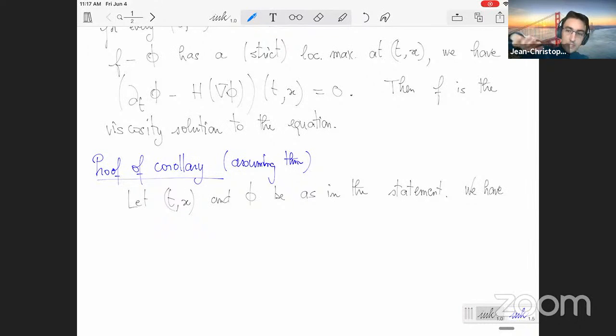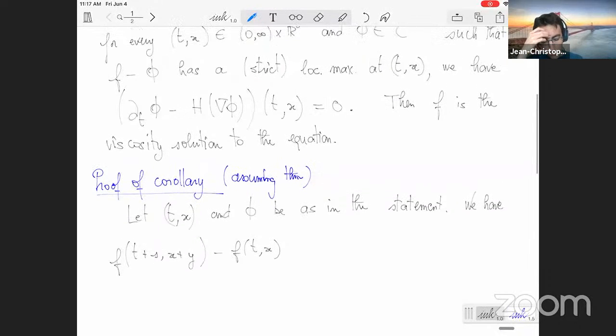Because of the function phi, I can control f from above. So I'm going to make some expansion around (t, x). I'm going to compute f(t+s, x+y) and compare this with f(t, x). The assumption is that f minus phi has a local maximum.